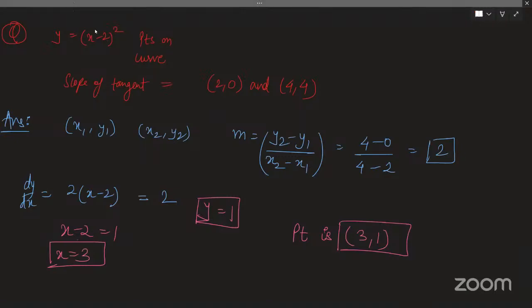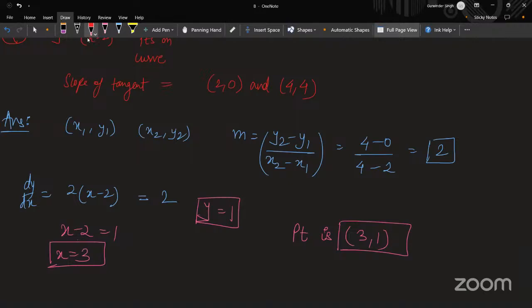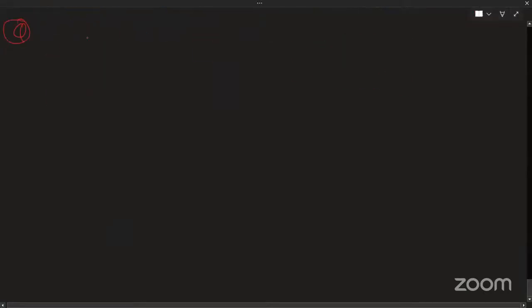Okay, great. So let us do one more question related to parametric form. So x is being given to you as 2a t square by 1 plus t square, and y is given to you as 2a t cube by 1 plus t square.